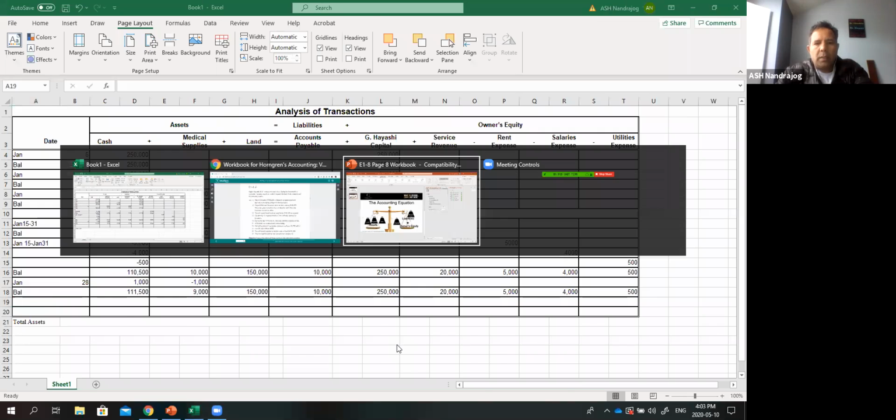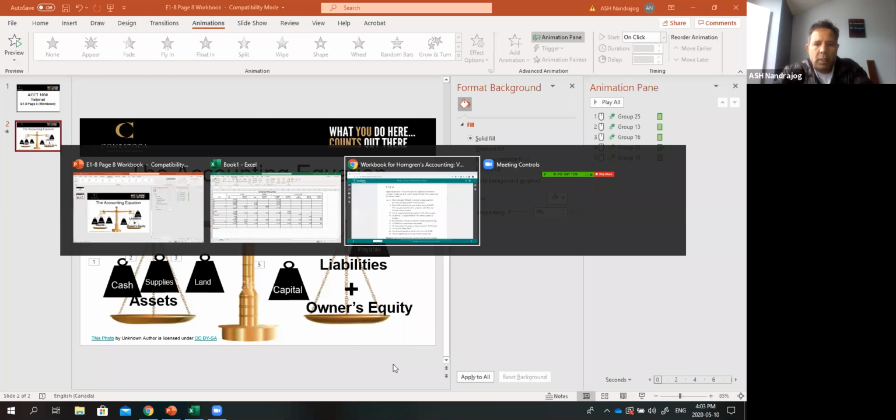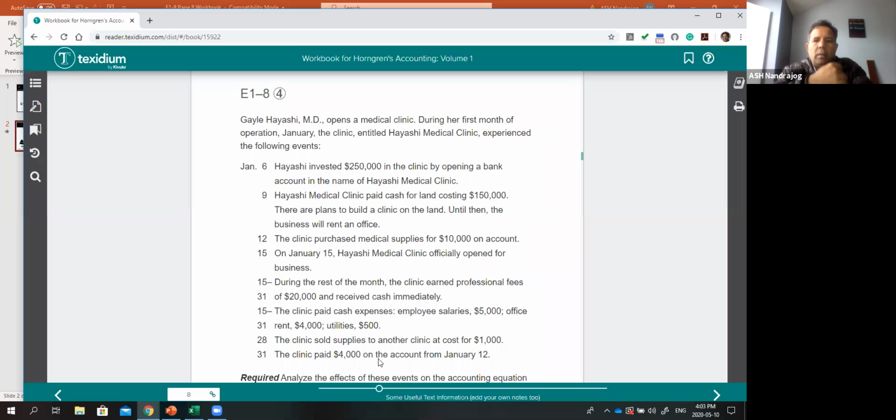So then it says in our question, the clinic paid $4,000 on the account from January 12th. So remember, on January 12th, the clinic had purchased medical supplies from the supplier on account. That means we were supposed to pay this supplier $10,000. So on January 31st, we are paying them $4,000.